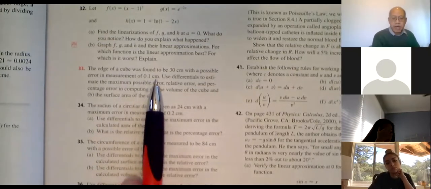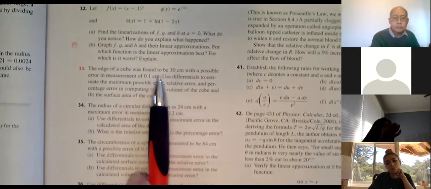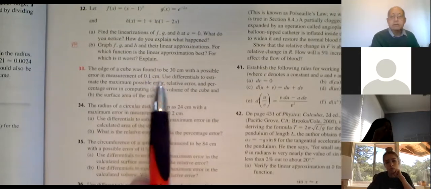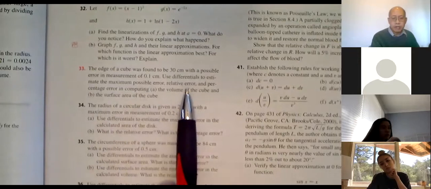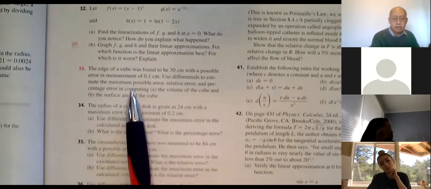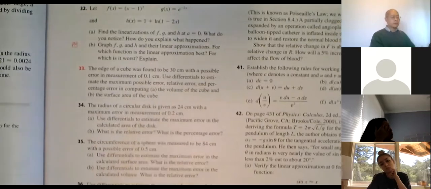Okay, so that means it could really be 29.9 to 30.1, somewhere in that range, plus or minus 0.1. Use differentials to estimate the maximum possible error, relative error, and percentage error in computing the volume and the surface area of the cube. Okay. Do that.